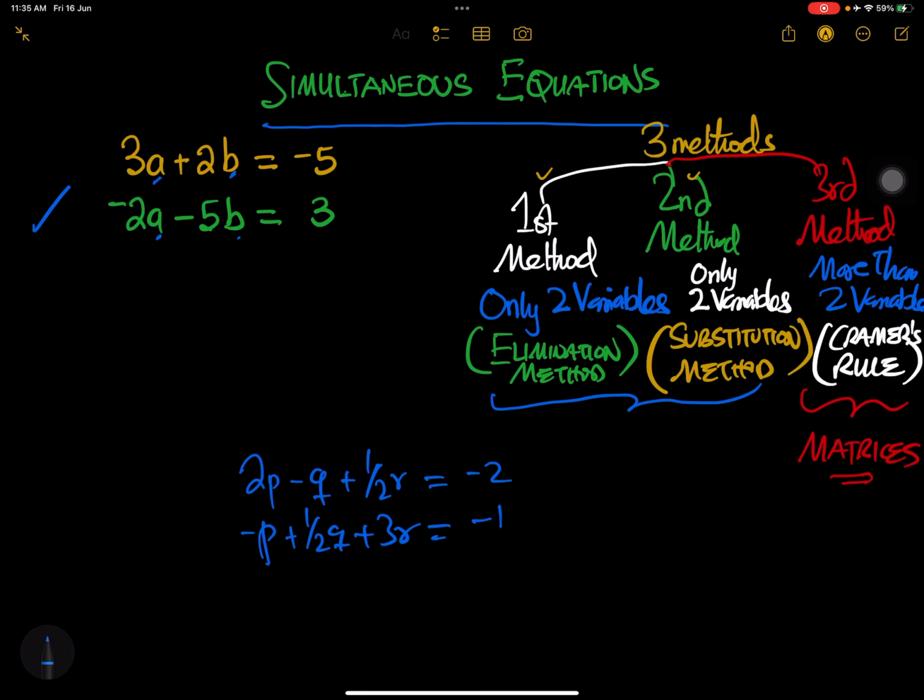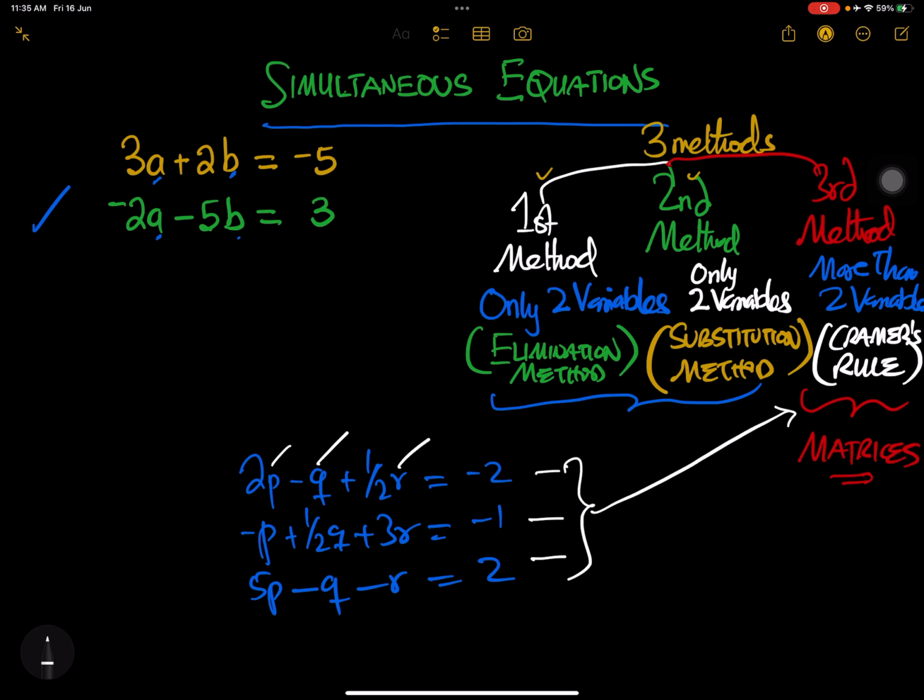And then you also have 5p minus q minus r is equal to 2. You can see that these are three different variables and three different equations. Such a method requires the third method. But we're not going to be doing that today because we've not done matrices. So today we're just going to focus on the two methods.